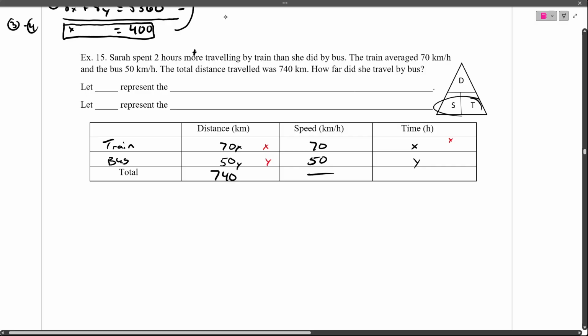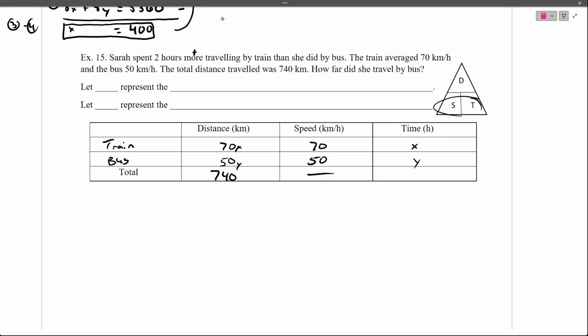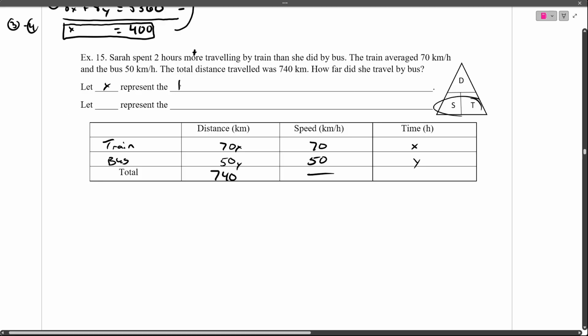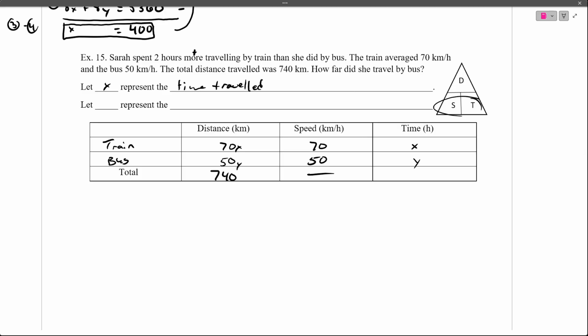So in this case, I said, well, let's just make sure that it equals the opposite one. Let's get rid of this whole thing here. One more time. There we go. So in this case, I said, let's let x and y represent the times traveled in each one. So x is going to represent the time traveled by train. I know it feels counterintuitive because we're looking for distance.